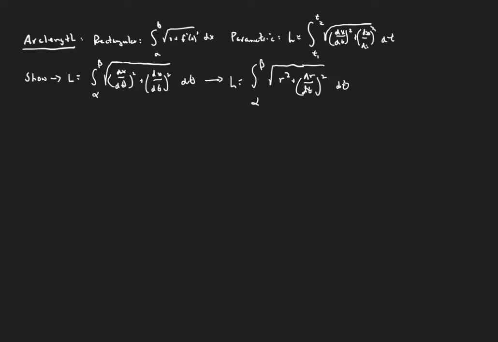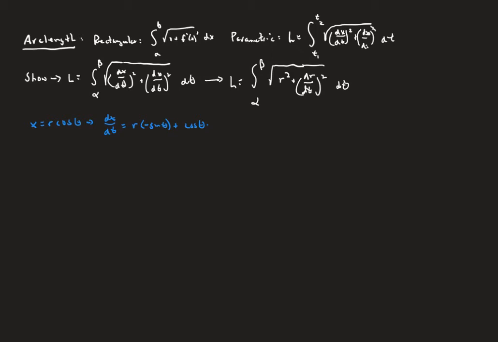So first we're going to remember that we think of x as a parametric, being r cosine theta. And remember that r is a function of theta, so we need to get dx/d theta. That's going to be a product rule. We get the first, r, times the derivative of cosine theta, which is negative sine theta, plus the second, cosine theta, times the derivative of r, but remember r is some function of theta.